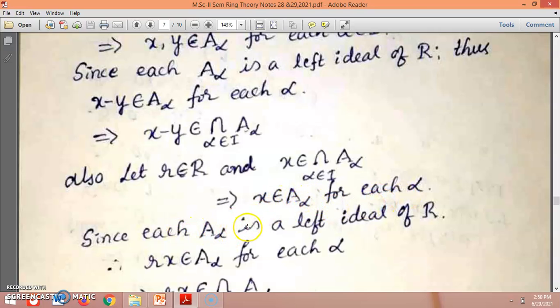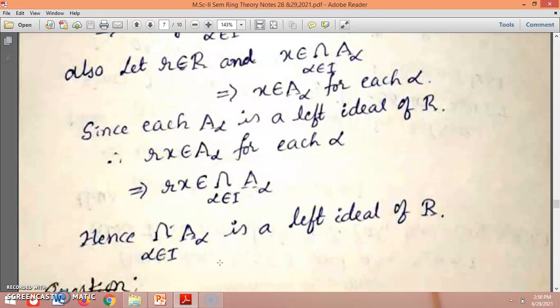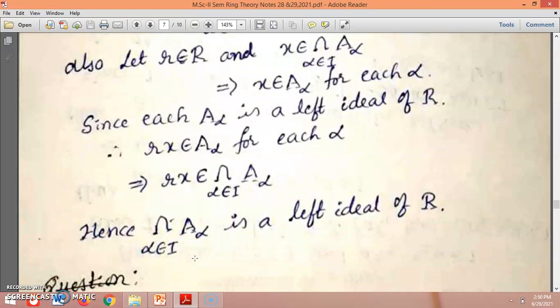Since A alpha is a left ideal of R, rx is also a member of A alpha for each alpha. Then it is also a member of the intersection of all the left ideals A alpha. Hence the intersection of all the families of A alpha, where alpha belongs to the indexing set, is also a left ideal of R.